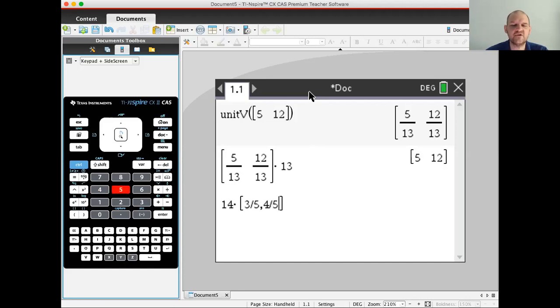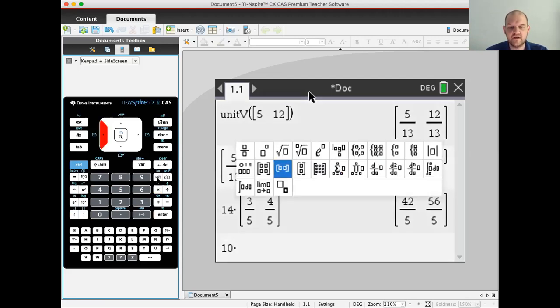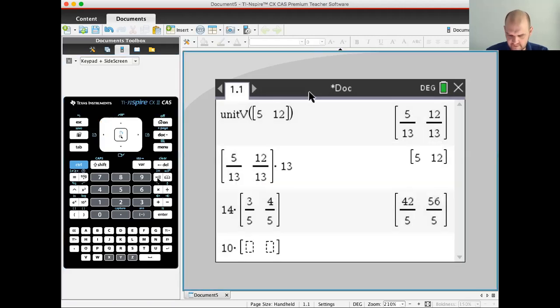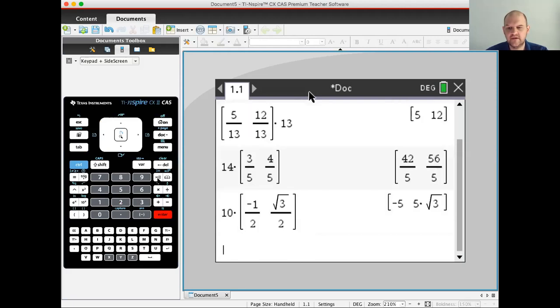As soon as you hit enter, it gets rid of the comma and puts it into a template. I don't really think it's faster, but you could do 10 times and then go into the templates and choose the 1 by 2, 1 row, 2 column matrix and just use that. So -1/2 tab square root 3/2, and you get this.